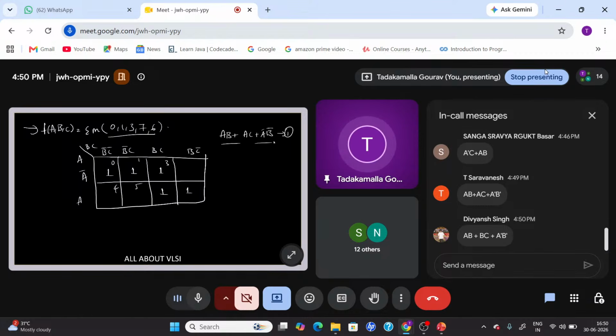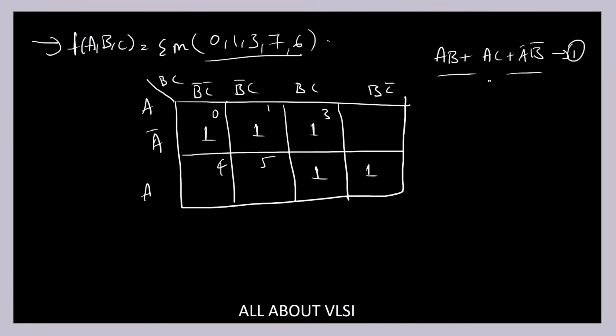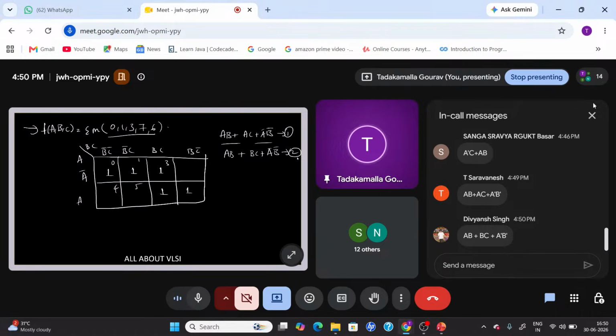Okay, I got one different answer: AB plus BC plus A bar B bar. Anyone getting a third unique solution, or are there only two unique solutions which we are going to get? Don't include redundant prime implicants. A bar B bar plus BC plus AB.